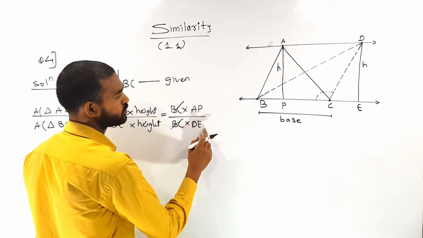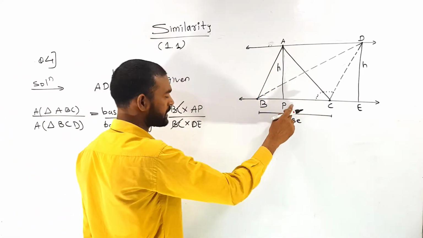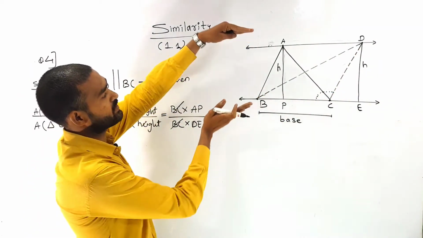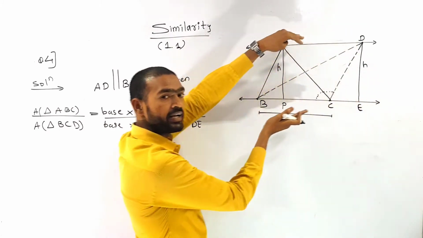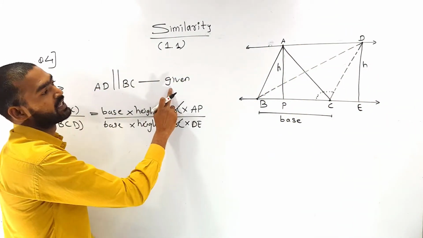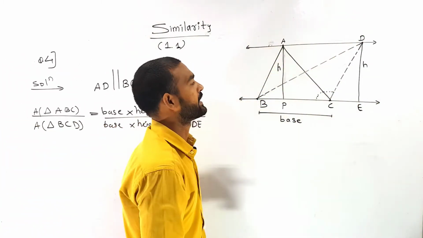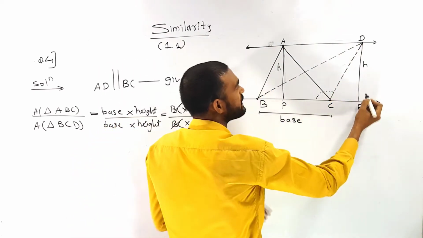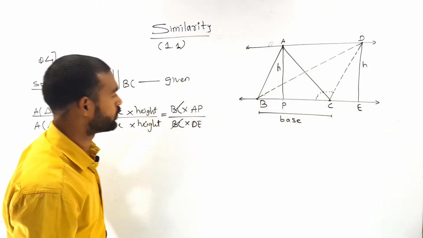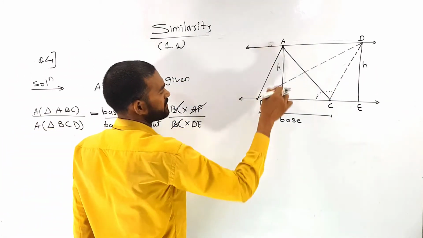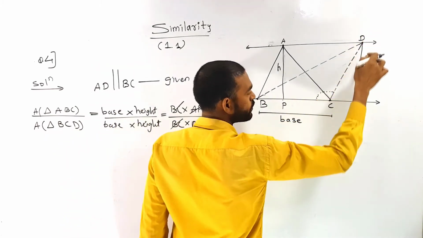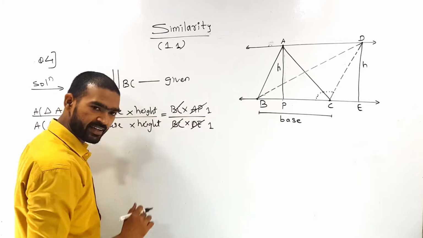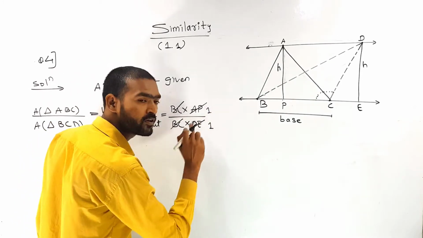Now students, we can see BC will get cancelled. What about these two? AP is the height of the first triangle. DE is the height of the other triangle. But as we know, lines are parallel, that is given. It means two parallel lines will have exactly equal distance between them, which means AP is equal to DE. So both are exactly equal. So same upon same will get cancelled. We will get 1 upon 1.